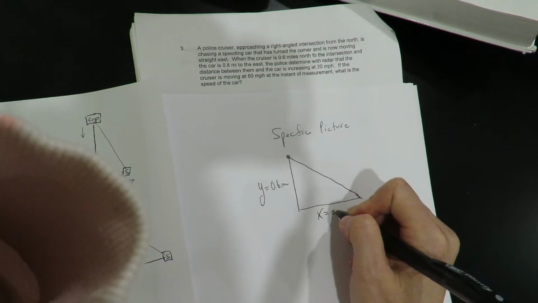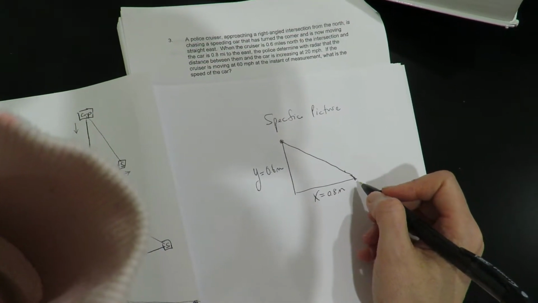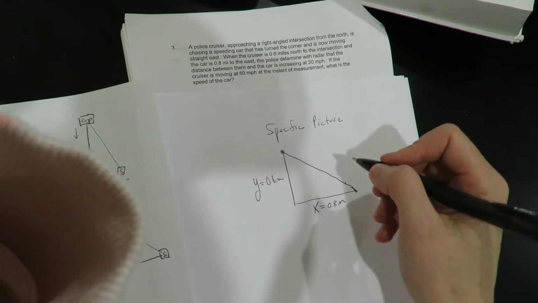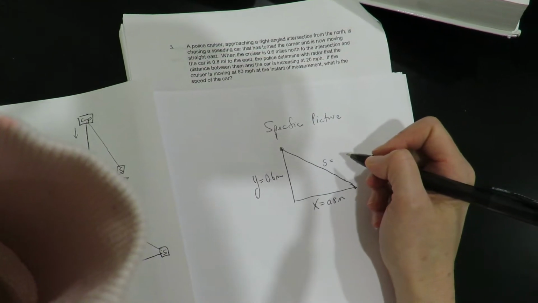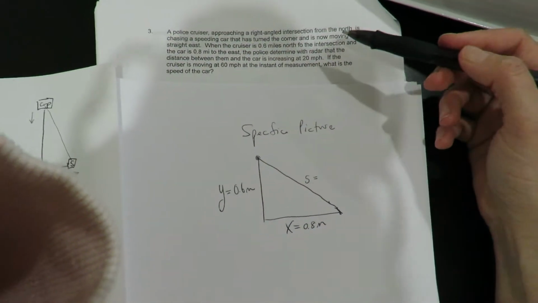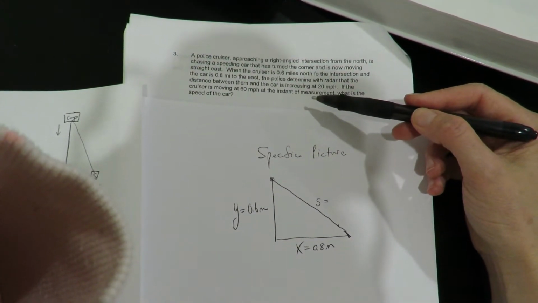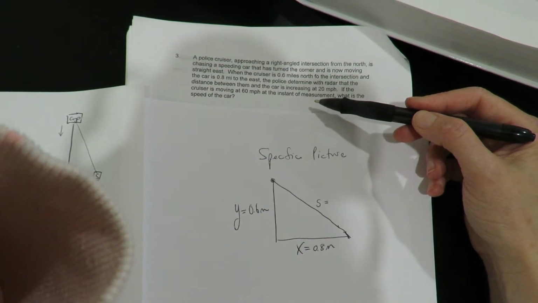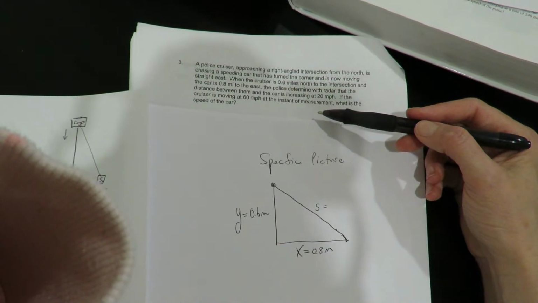Now, the speeder is 0.8 miles east. So that means that this guy over here is 0.8 miles this way. And we don't know yet what this side is. What else do we know here? The police determined with a radar that the distance between them and the car is increasing.